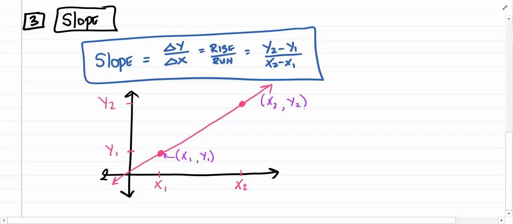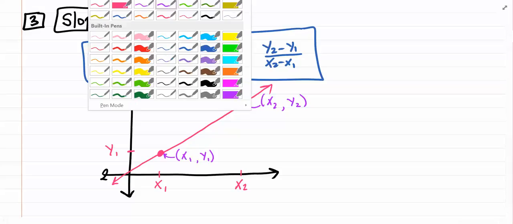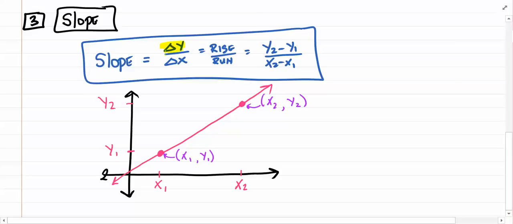Okay, so the change in y. Let's talk about this part right here. The change in y is the difference between y2 and y1. Well, that's located right here. If I measure that, that's this change right here. The way that we calculate that distance is y2 minus y1. That's the change. Notice that it's the same distance if I move that highlighted bar over to where it lines up on y sub 2.